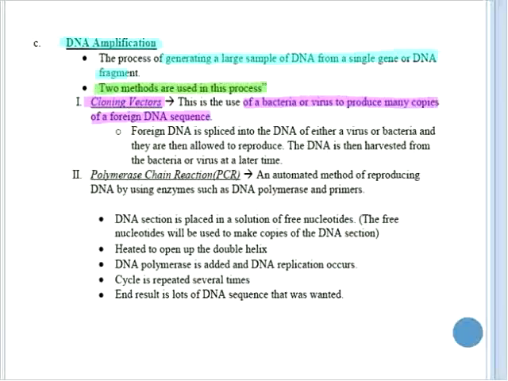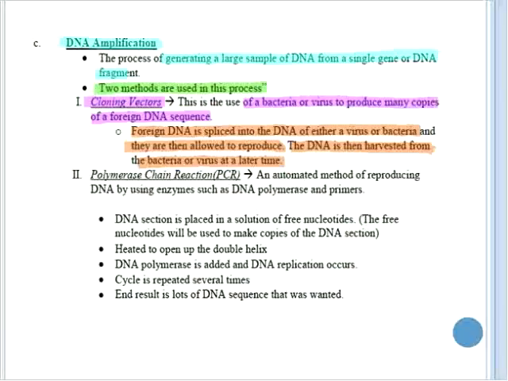The foreign DNA is spliced into the DNA of either the virus or bacteria, and they reproduce. As the bacteria reproduce, they are producing copies of the DNA that was inserted. This can then be harvested for use at a later date.